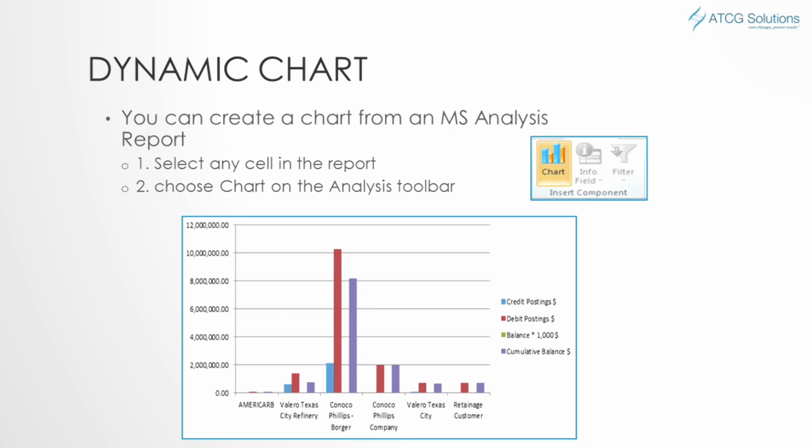It's very simple. You can just select any cell in the report and choose Chart on the Analysis toolbar. You can use a chart to make the report more dynamic, and it is easy to understand.